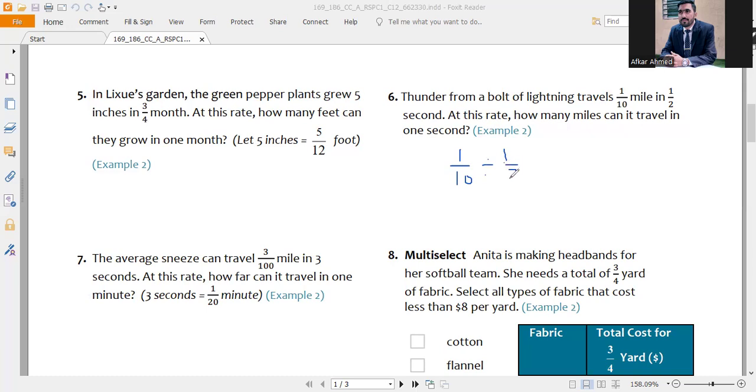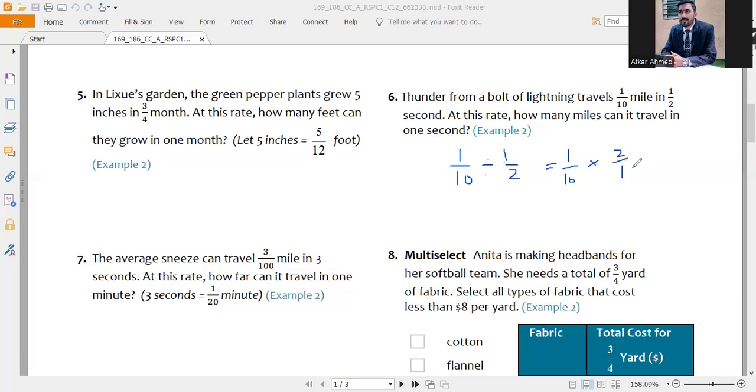This is 1 over 10 divided by 1 over 2. We have two fractions and there is division. We will use keep, switch, and flip. Keep means the first one remains the same. Switch means to change the sign, and flip means to change the last fraction.